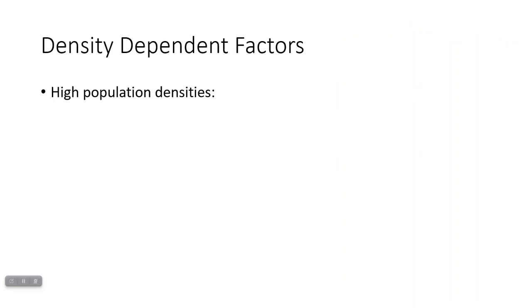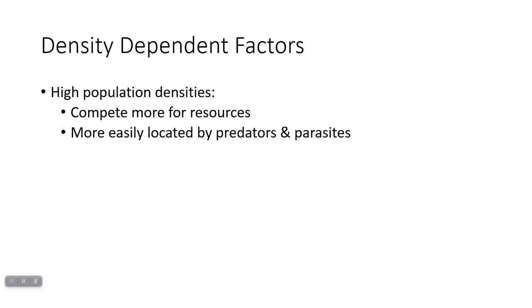So let's talk about density dependent limiting factors first. High population densities tend to compete for resources a little more strongly. They tend to be more easily located by predators and parasites. They're more vulnerable to infection and disease, which is going to spread more easily in a crowded population.